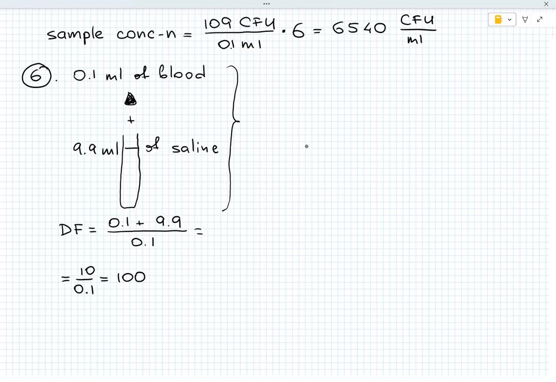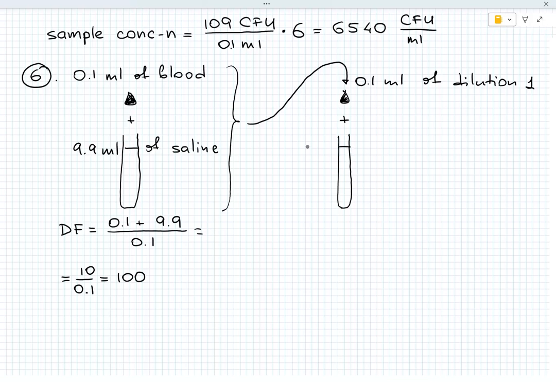If you read the problem, we take 0.1 milliliters of dilution 1. Can you see that in the problem? And we add this to another vial which contains 9.9 milliliters of saline.